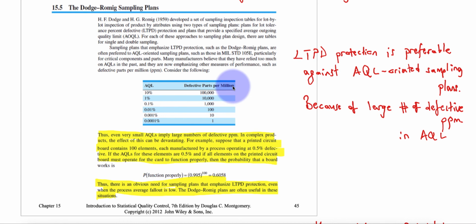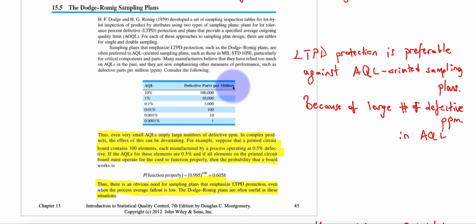These tables are reference tables you can use to design your sampling plans by finding the specific average outgoing quality level and the lot tolerance percent defective protection level for your case. Then you can design your sampling plan according to the tables.